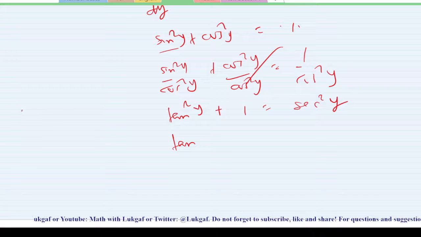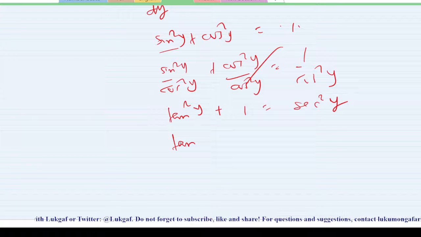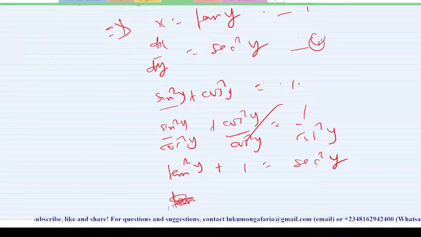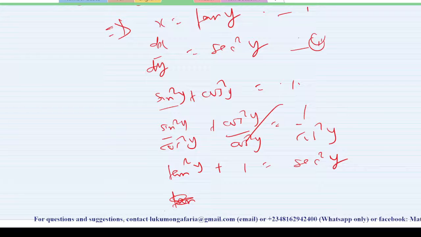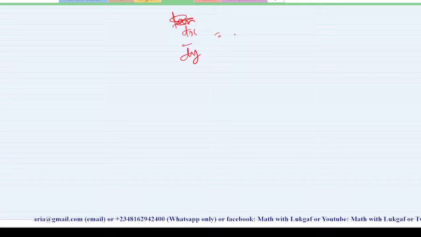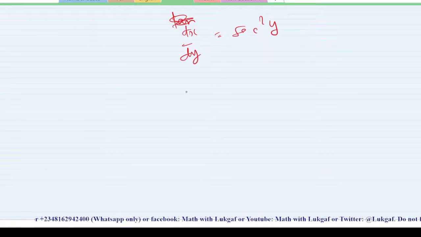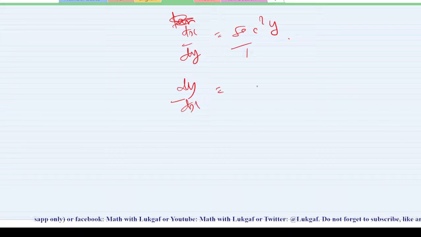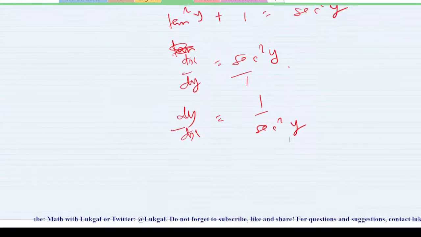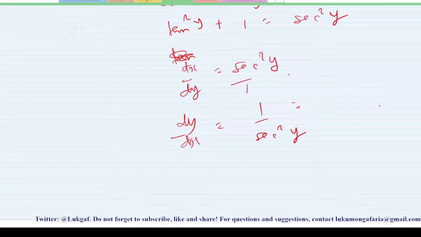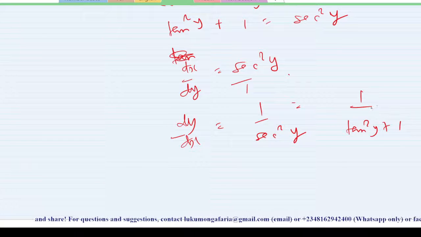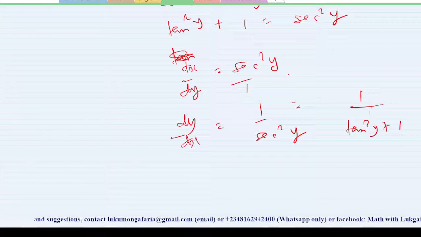You know from equation 1, we have that my dx/dy is equal to sec squared y, abi? And you can rewrite it as dy/dx is equal to 1 divided by sec squared y. So if you go here, you can see that your sec squared y is the same thing as tan squared y plus 1, or 1 plus tan squared y.